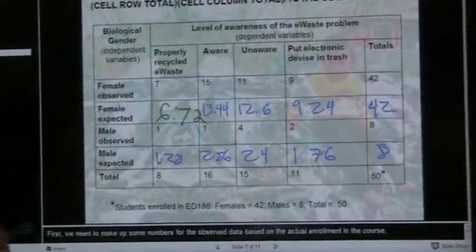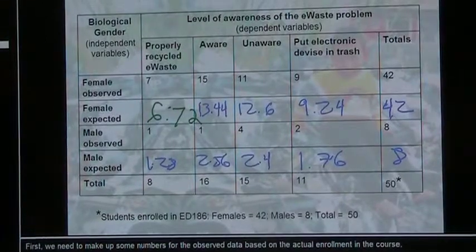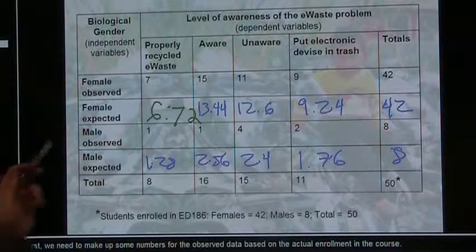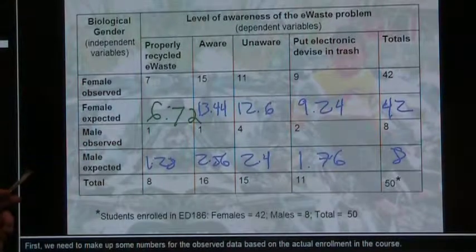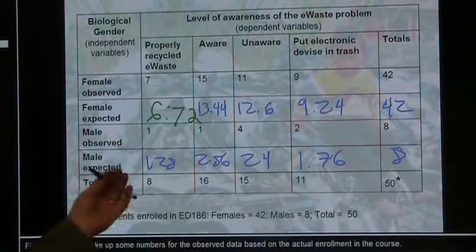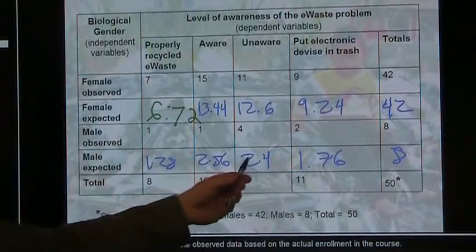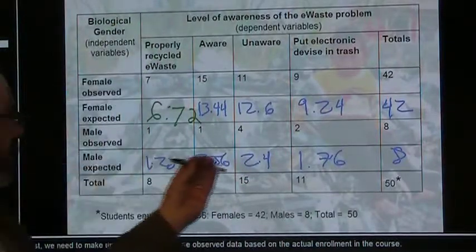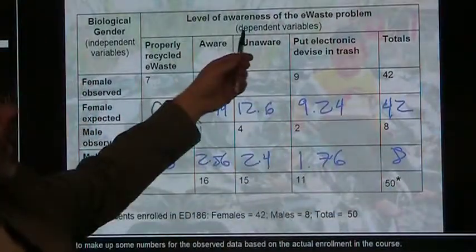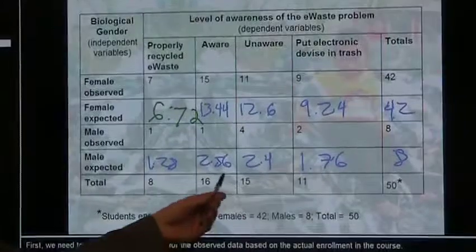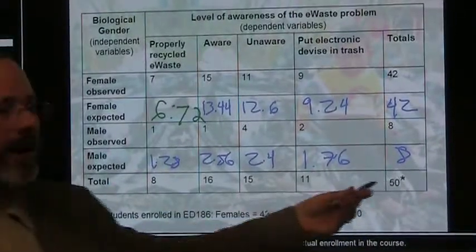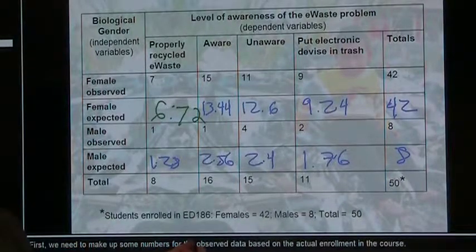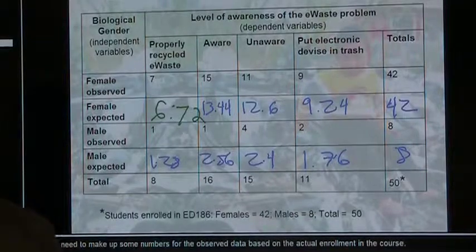Now use the formula: the cell row total, so 15, times the column total, which is 4. Where are you seeing 15? Okay, so we're interested in male expected unaware. Isn't it 15 times 8 divided by 50? Sorry, the row total is 8. The column total is 15. 15 times 8 divided by 50. So 8 times 15 is 120, divided by 50, which I guess is 2.4. That makes sense? Right. Mm-hmm.